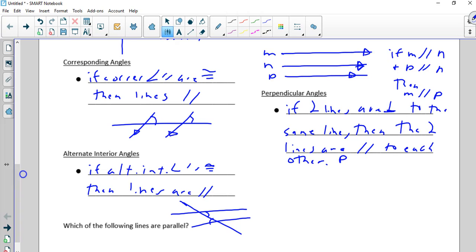This is called the perpendicular transversal theorem. So what does that look like?